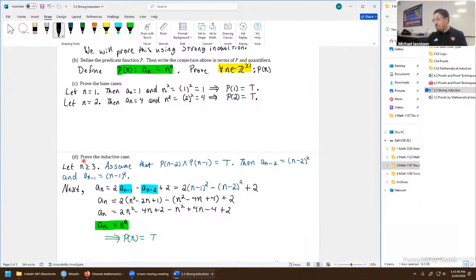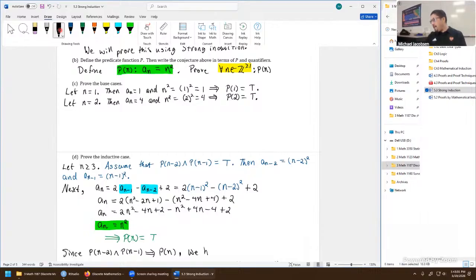So right at this stage, we can say, since P(n minus 2) and P(n minus 1), let me keep the order the same, implies P(n). We've proven that directly, giving a direct proof, much like in chapter 3.